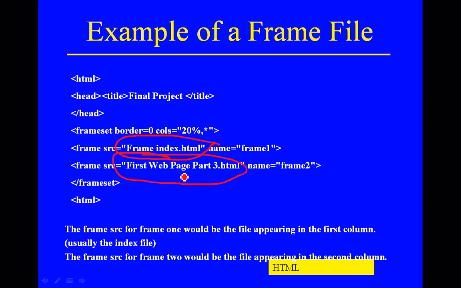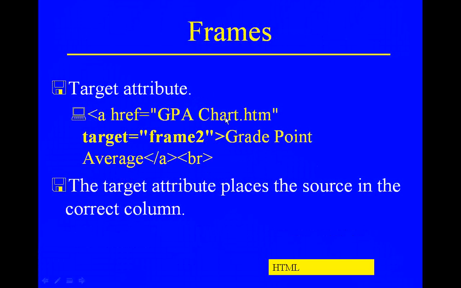For this example, this was our web page that we used. I said I wanted it to be a page about you, so you needed a placeholder, something to appear in frame 2. So the target is where the link appears. We have two frames, so we say target equals frame 2. So when I click on my link in the first column, it will appear in frame 2.